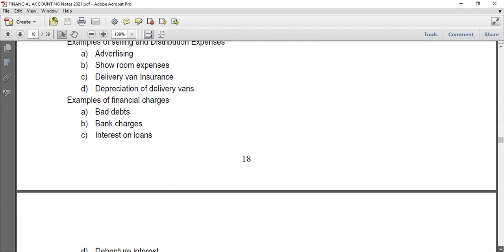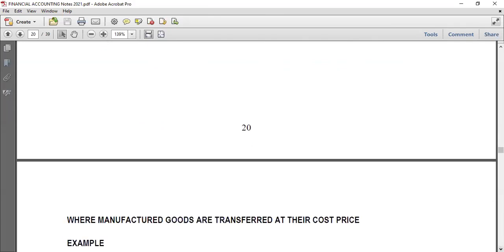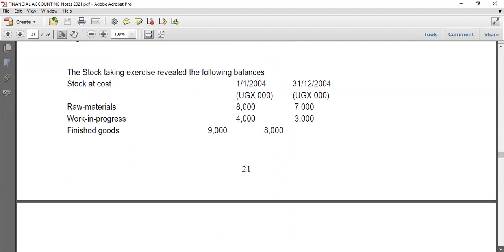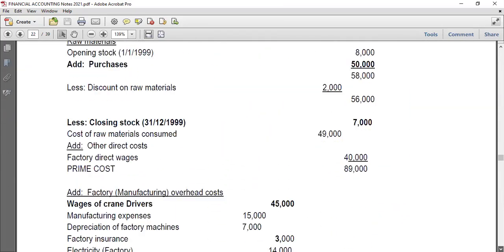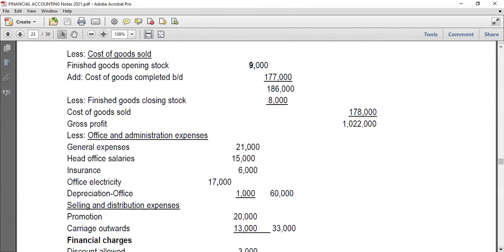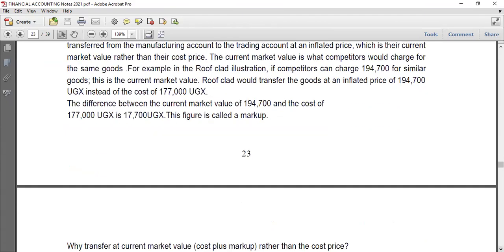Remember, you've already transferred your goods at a profit, at a markup. Since you're closing up your books of accounts and you have closing stock, how do you cater for the profit on that closing stock, which is not yet realized?